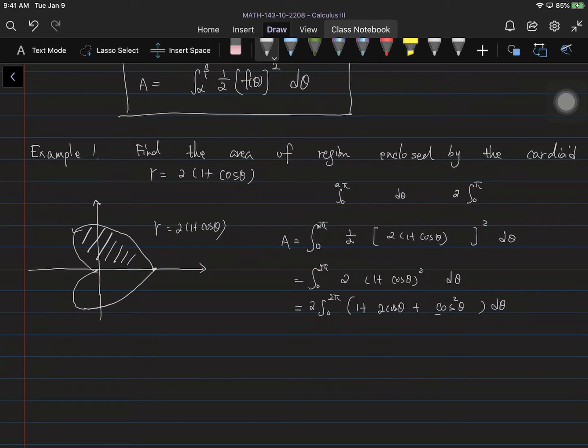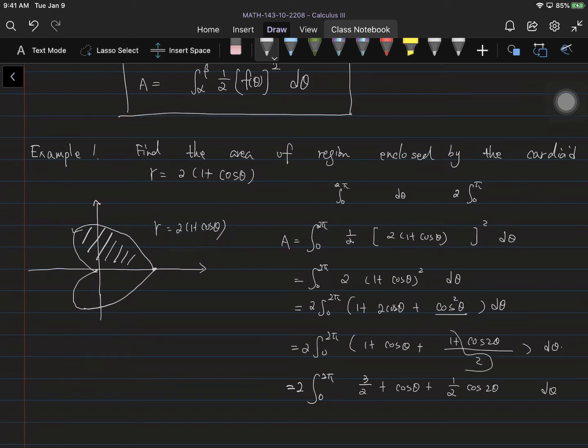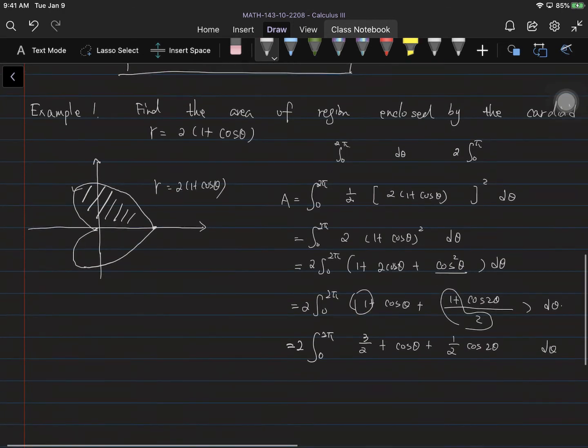And for the squared term, we need to decrease the power by using the double angle formula. 1 plus 2 cosine theta plus half, 1 plus cosine 2 theta d theta, right? And you can combine the 1/2 and the 1 together, simplify. Which is 3/2 plus 2 cosine theta plus 1/2 cosine 2 theta d theta. So here I just combined the constants, those 2 together.